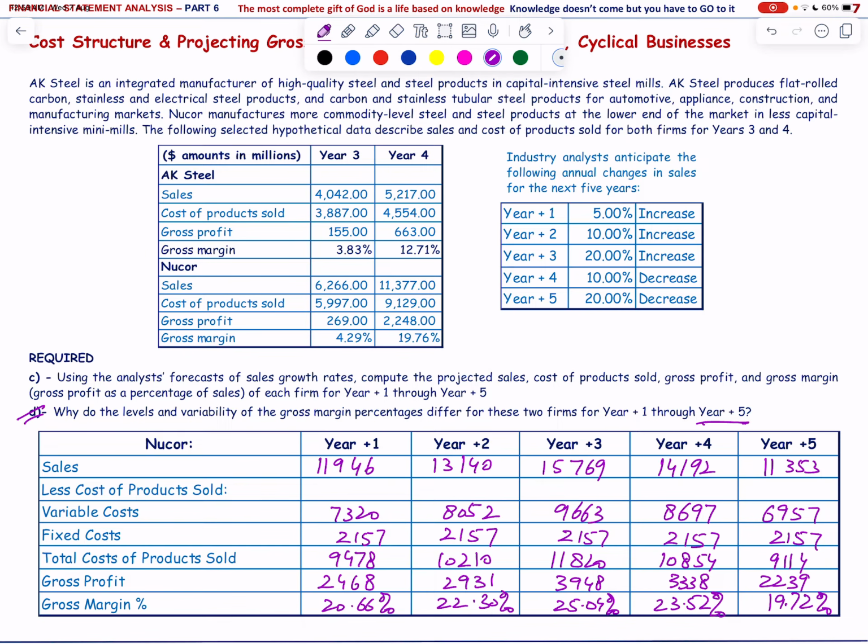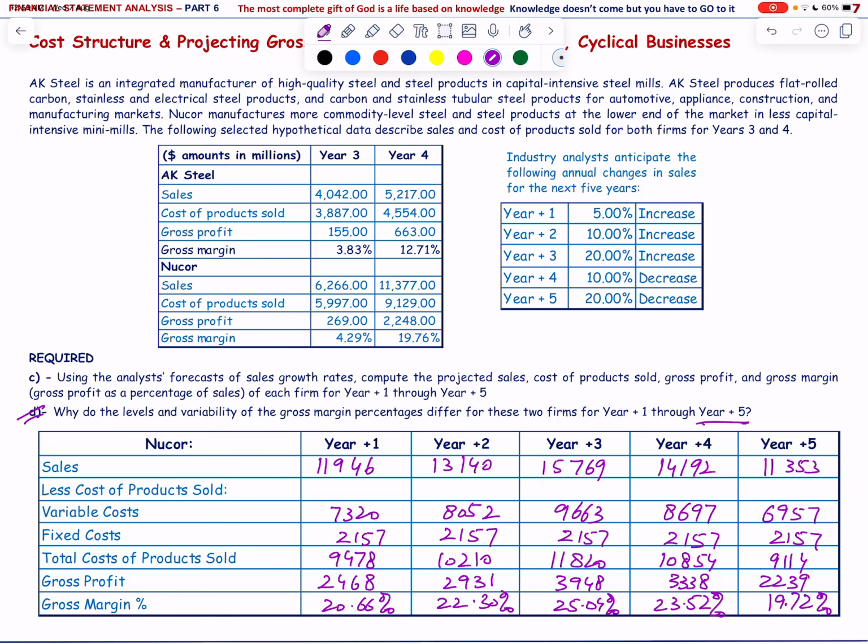And for those who don't have an idea, they need to know how to calculate the standard deviation. For this exercise, I'm not going to explain how to calculate standard deviation.